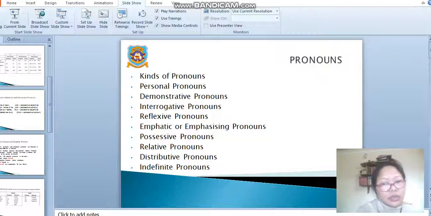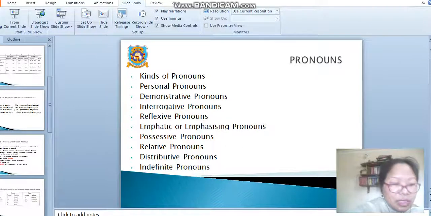Reflexive pronouns are used with self, like myself, herself, himself. These are all known as reflexive pronouns. A pronoun which is used to show emphasis is called an emphatic or emphasizing pronoun. Then a possessive pronoun shows possession.